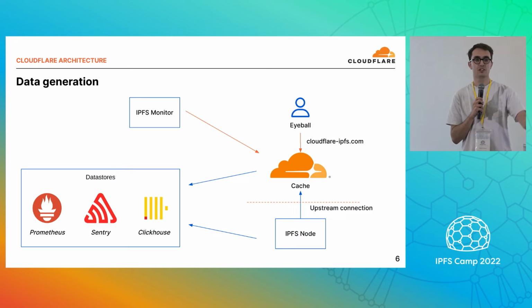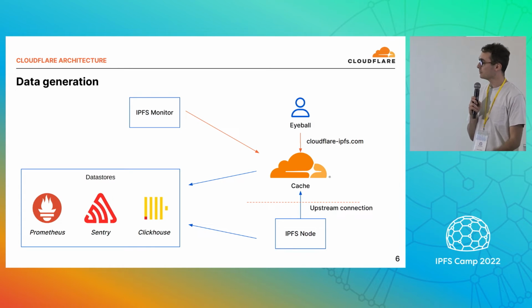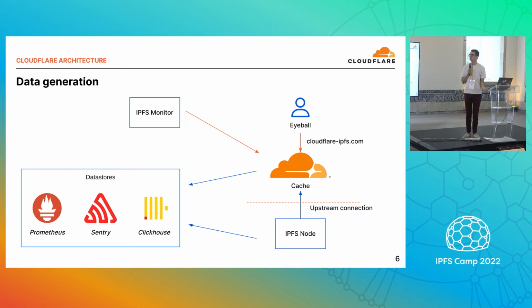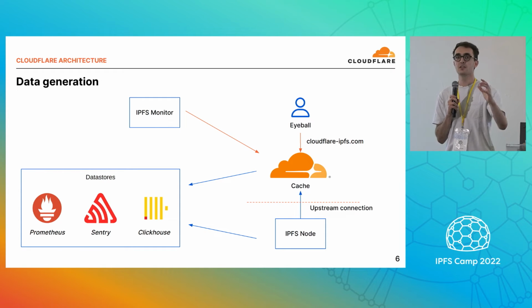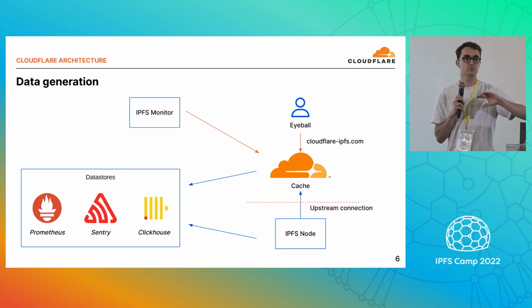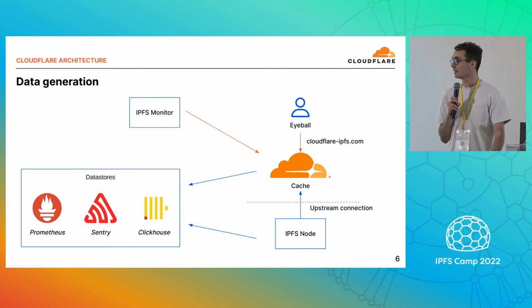In terms of data generation, it's not limited to that, but these are the main systems that we're using. We have a monitor that checks the health of our gateway via various active probes. Then we have data that is sent by the gateway: Prometheus data, Sentry, which allows us to debug the code being run, and finally ClickHouse, which is a column-based database for data with high cardinality.